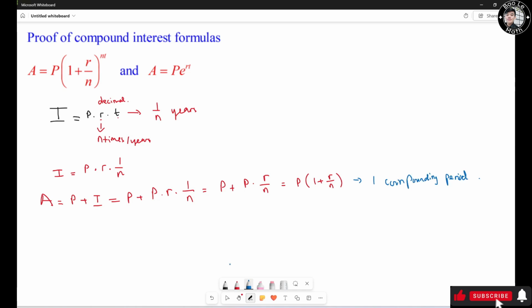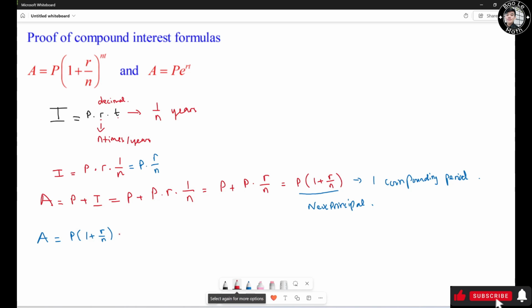Now after two compounding periods, this guy becomes the new principal. Now we have the new ending amount after two compounding periods. It's going to be the new A, which equals the new principal, P times 1 plus R over n, right?